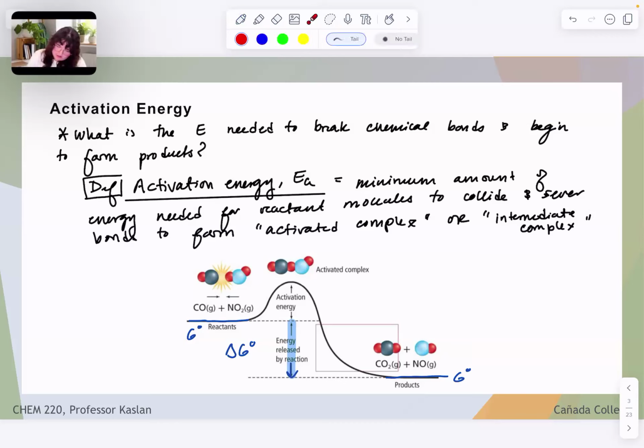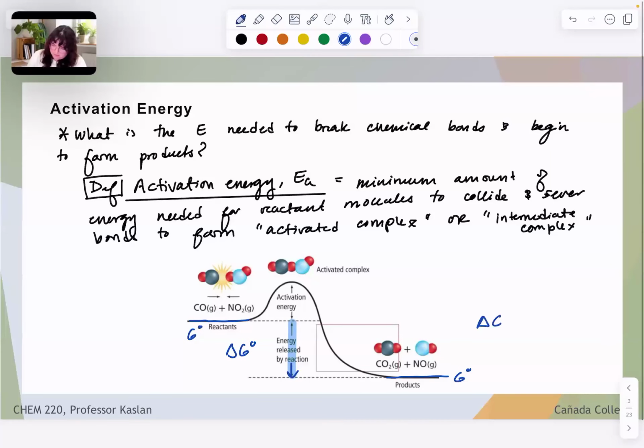We started off with a high amount of free energy and wound up with a lower amount of free energy. So the system itself, the reactant molecules, had to emit free energy to do work elsewhere in the surroundings. So we would say that delta G is negative. So this is exergonic.